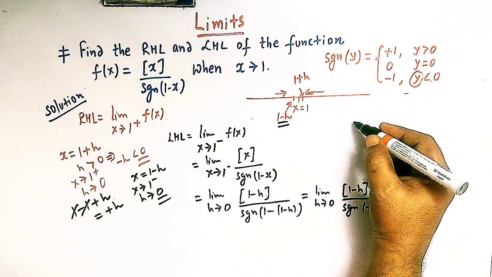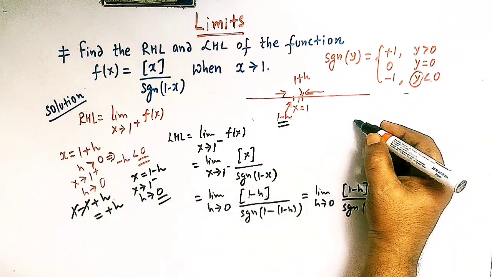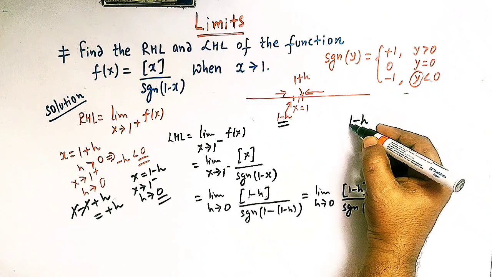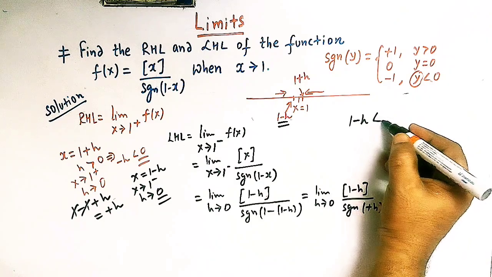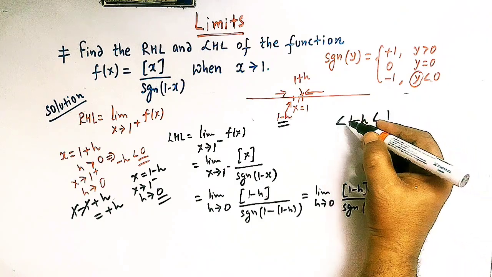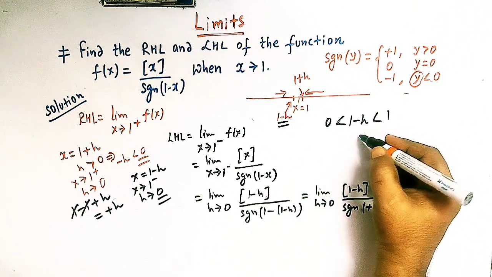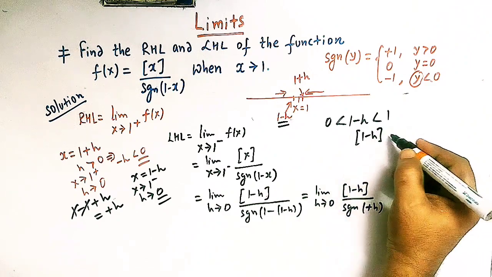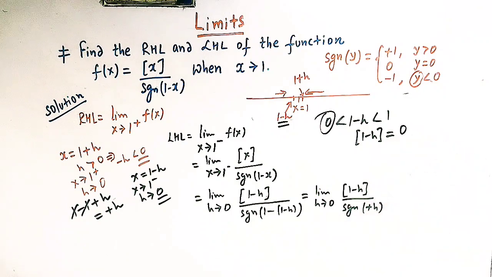Now see, h is a positive quantity, and it is a very small quantity. So when we subtract h from 1, then this quantity 1 minus h is slightly less than 1, but it remains greater than 0, right? So the greatest integer of 1 minus h should be equal to 0 by the definition of the greatest integer function.